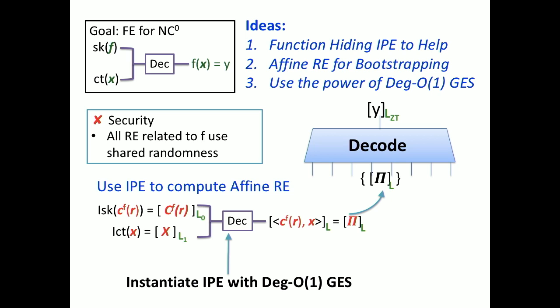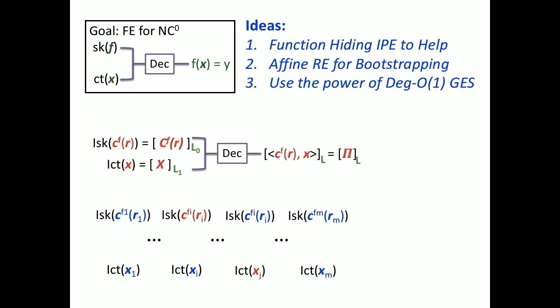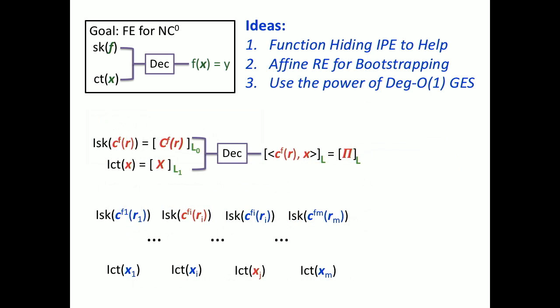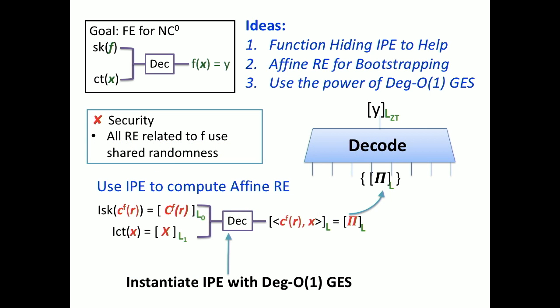Why? Because if we want to reduce to the security of the randomized encoding, we must guarantee that all the randomized encodings are generated using independent and truly random strings. However, if we look at this construction here, the randomness is hard-coded inside the secret key, right?